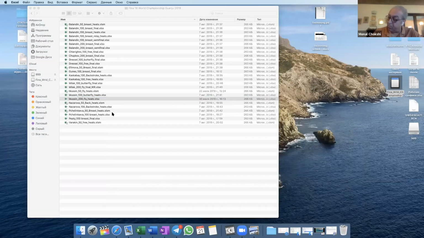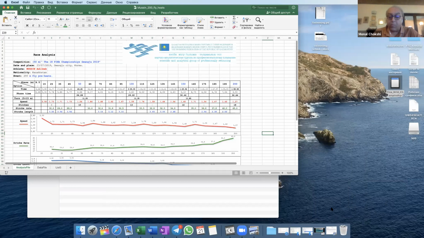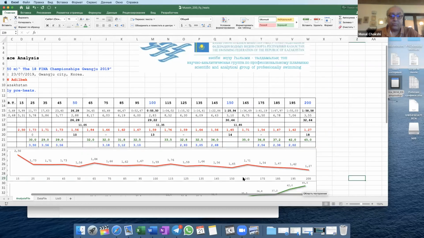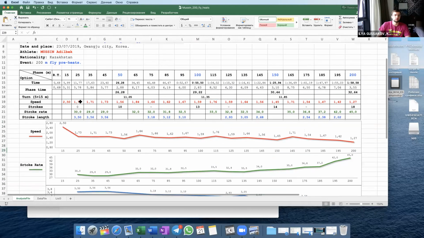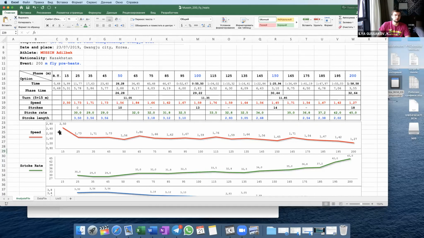Let's take a look here. Yeah, this is a clear example. It's a 200 butterfly. 1:58 is quite a good time, but if we look here, it's an even butterfly where the underwater dolphin kick is so fast. 2.50 for the start, and then the turn.